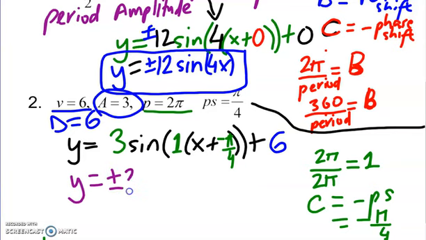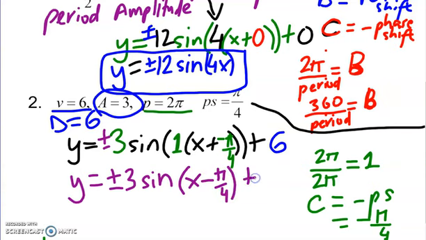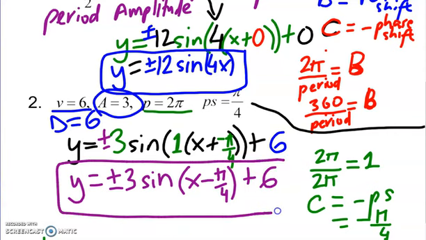So plus or minus 3 sine, and 1, we don't have to write that. And then I'm just left with x minus pi over 4 and plus 6. And that's it. That's the final form.